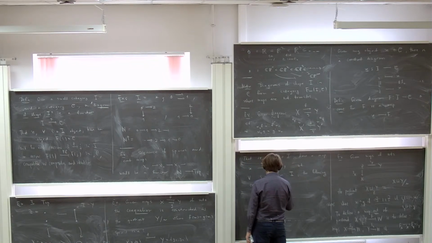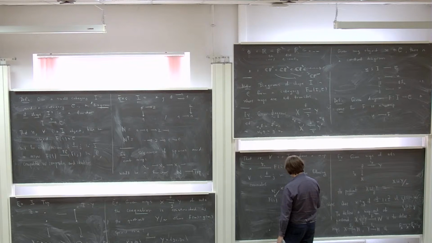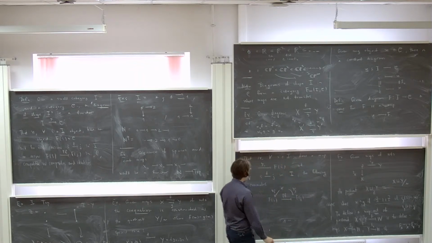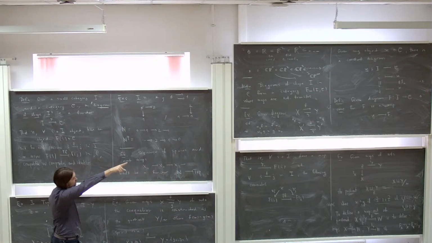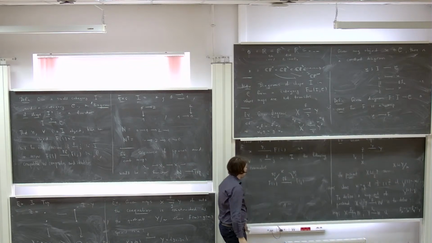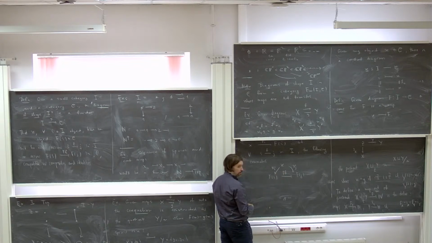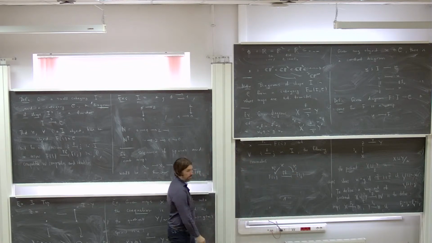So I have X, I have its map to F of I, and its map to F of J. It's an object in C, where the functor takes values. So this should commute. In other words, pi I followed by the value of the functor on the arrow is the same as pi J. Okay, so it's called a cone because of this shape.